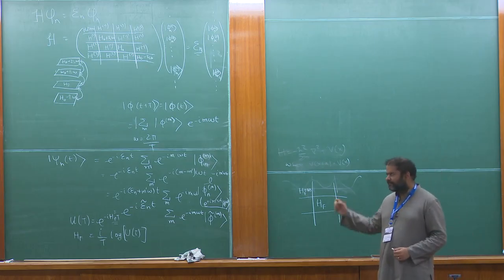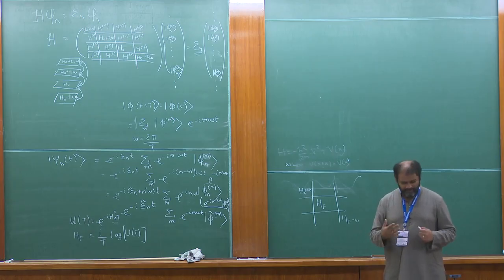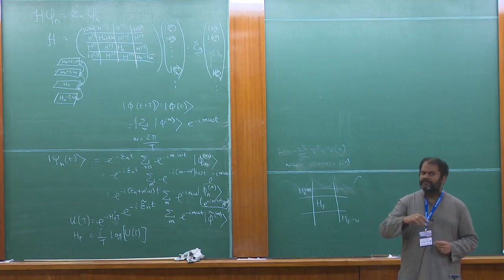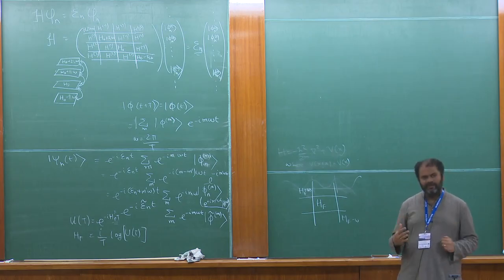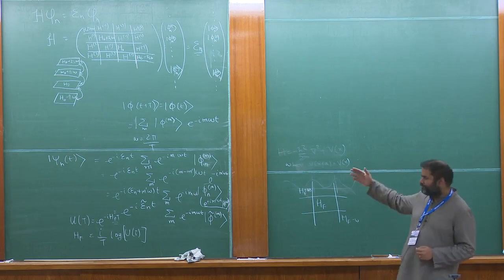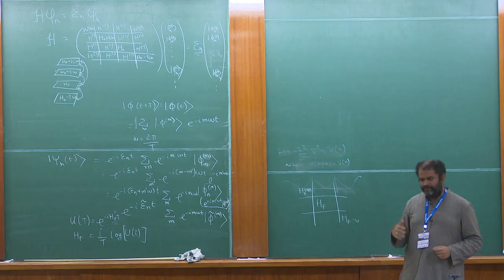But the thing is that when you did ETH last week, you looked at the properties of H_F, or the properties of certain Hamiltonians, and said that they will be in some Gaussian ensembles and so on.